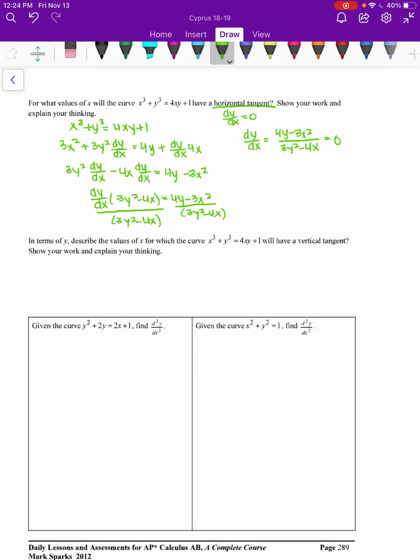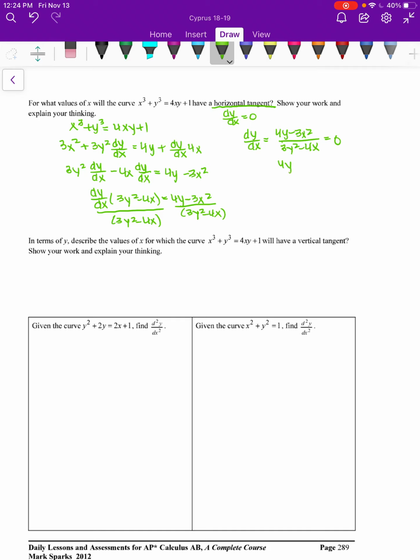Okay. So really, if this whole thing is equal to 0, that means that the numerator is equal to 0. Or you could think of this as multiplying both sides by 3y squared minus 4x, so that denominator goes away.